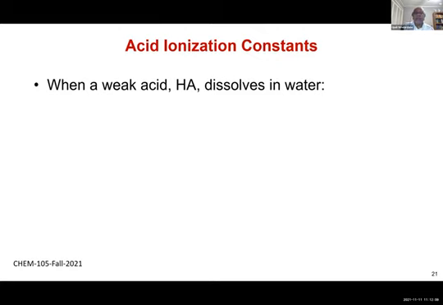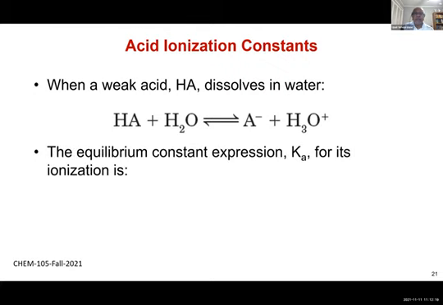When a weak acid dissolves in water, we can write down the acid dissociation constant. For example, for this equilibrium, the constant could be written. K is product concentration raised to the stoichiometric coefficient power over reactant concentration raised to the stoichiometric coefficient power. We talked about that in chapter 7, how to write an equilibrium constant.